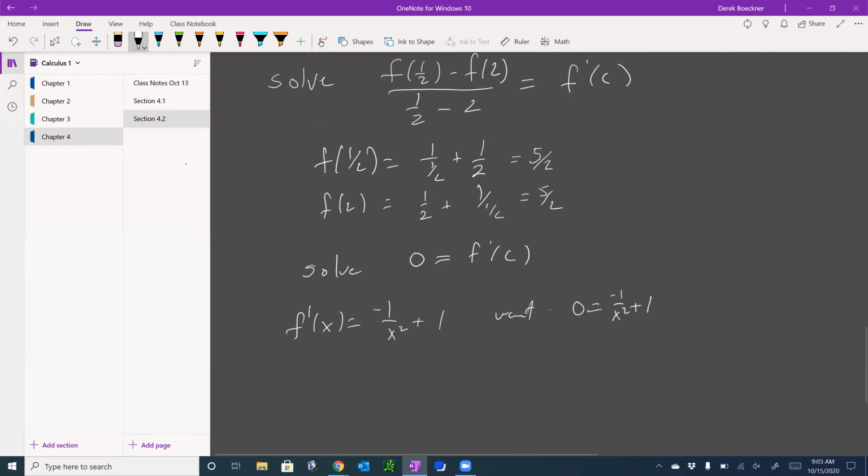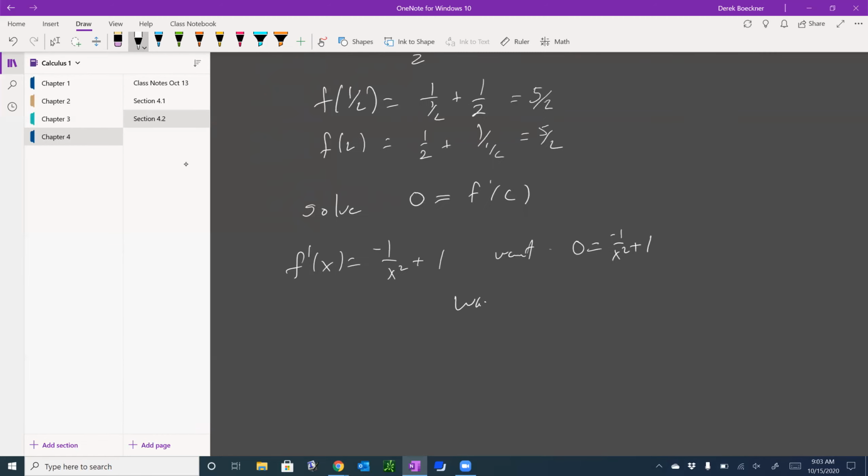So we want 1 over x squared equal to 1, which is x squared equals 1, which is x equals 1 or x equals minus 1. Right? And in this interval that we're looking at, we want x to equal 1.